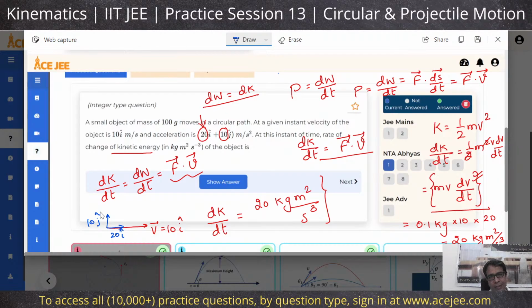The one that's perpendicular will only slightly rotate it. And what are we interested in from the kinetic energy standpoint? We're interested in the rate at which the speed, the magnitude of the velocity, is changing. Yes, no, scale of 1 to 5.